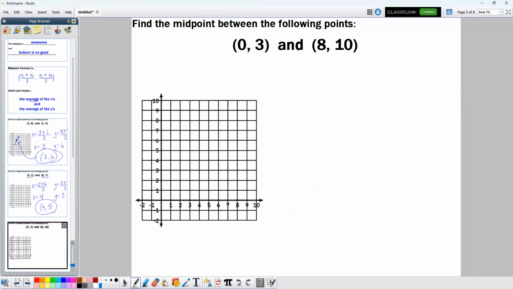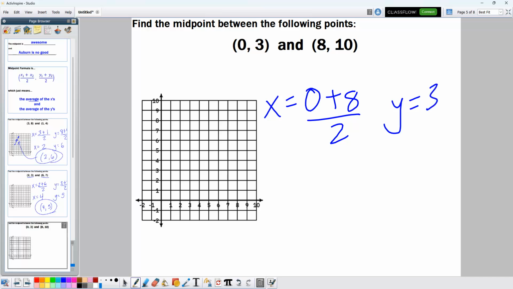Next one, another example. So same kind of process. 0 plus 8, all that divided by 2. Y would be 3 plus 10, all that divided by 2. I'll have x equals, I punch that in my calculator and I would get 4. And when I punch this into my calculator, I've got a problem.